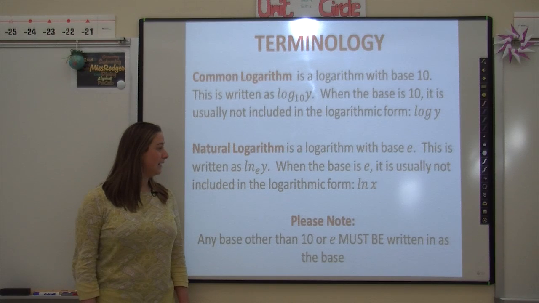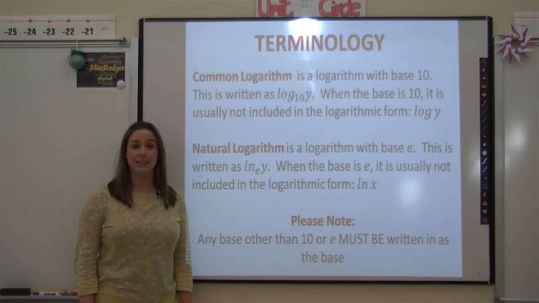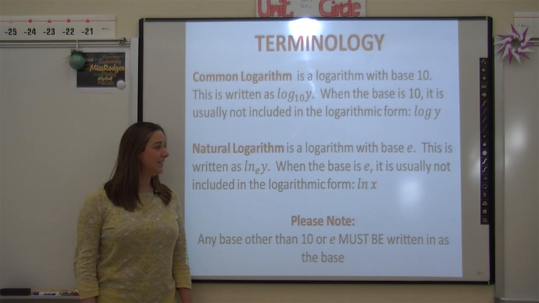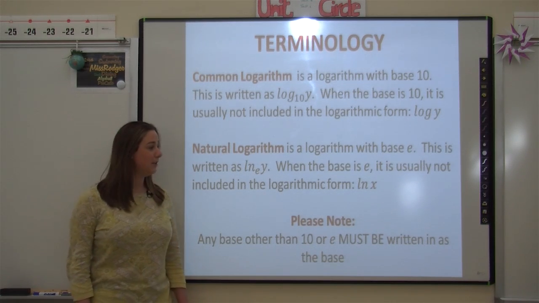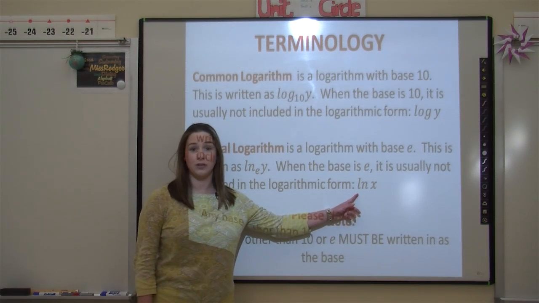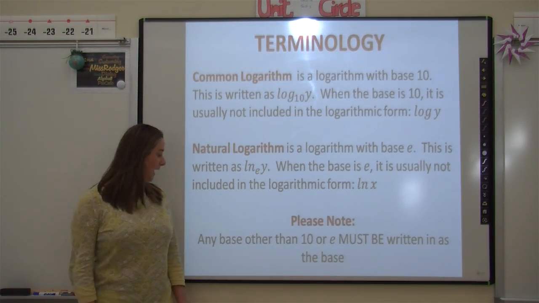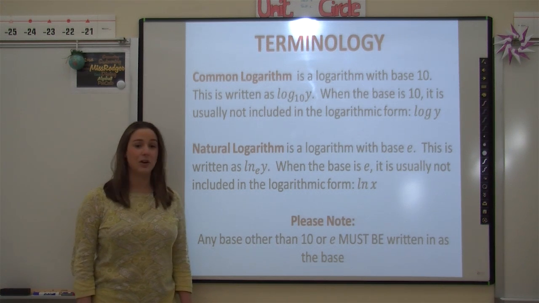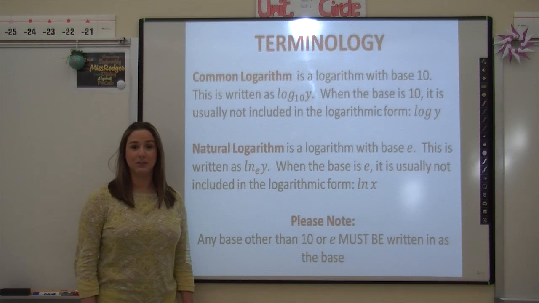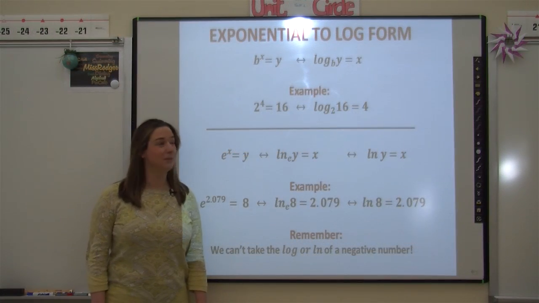This is written as the natural logarithm, base e, of y. When the base is e, it is usually not included in the logarithmic form, so it would just be denoted as the natural logarithm of x. It's important to note that if we have any base other than 10 or e, it must be written in for our problems. Let's take a look at an example.